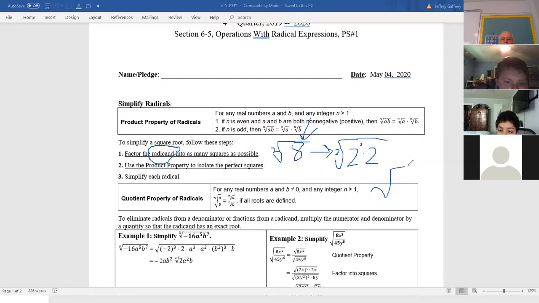Or we could write this as 4 times 2. And we know 4 is a perfect square, right? I'm just applying this property. So then we can simplify the square root of 8 as 2 with 2 still under the radical, 2 radical 2. And that's what number 1 says. Does that make sense? Questions?